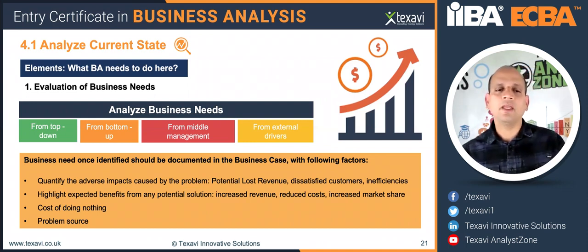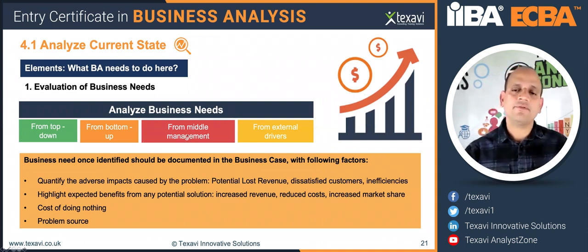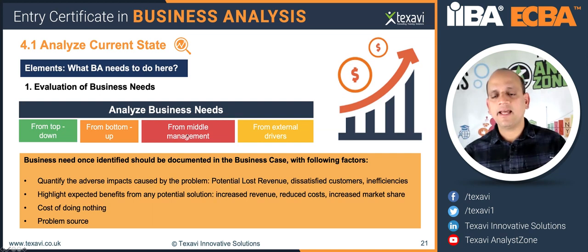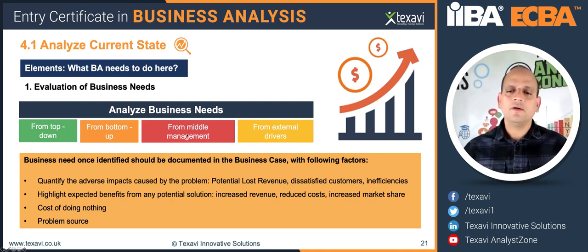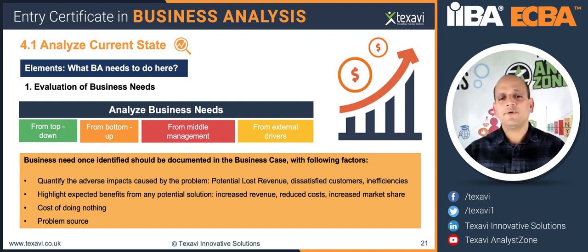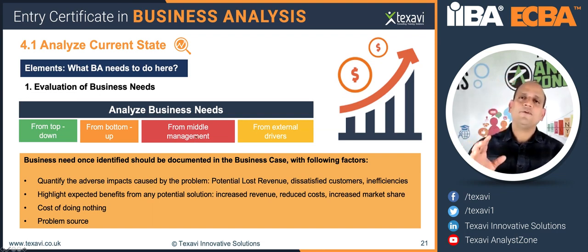It's on the field. And then you can also get it from the middle management, from senior management, from external drivers. All of these are different sources for you to be able to understand the business needs. The reason why it is written as middle management is because the senior management, typically the CXOs, have got pretty ambitious aspirations for what they want to do.